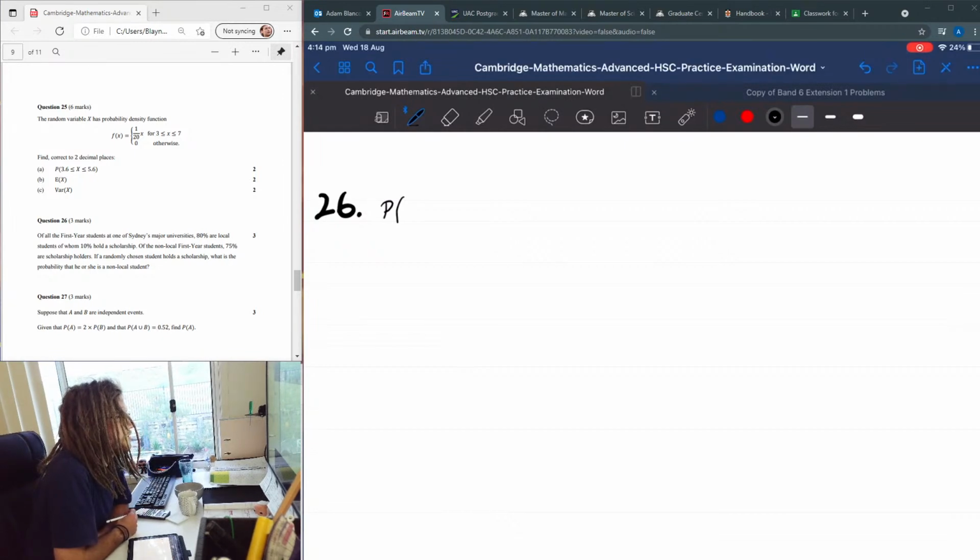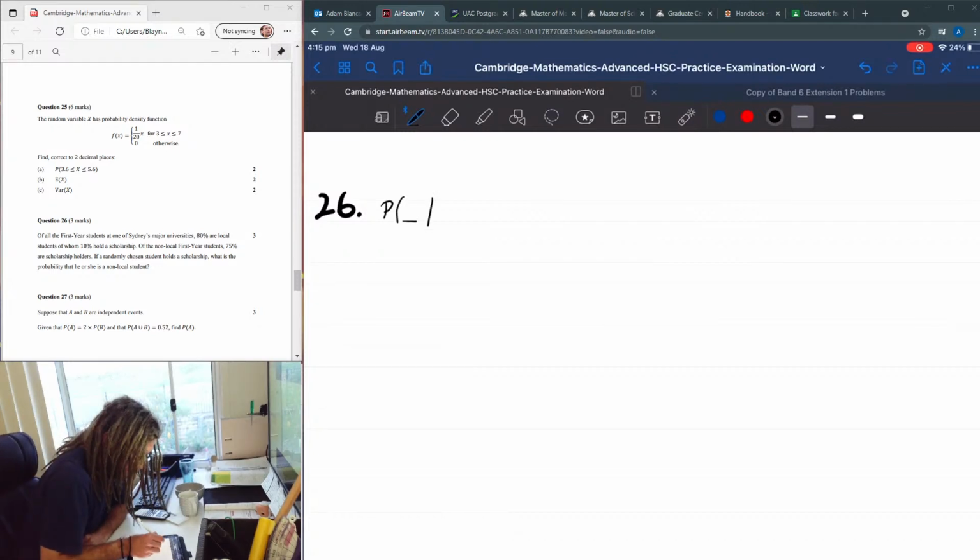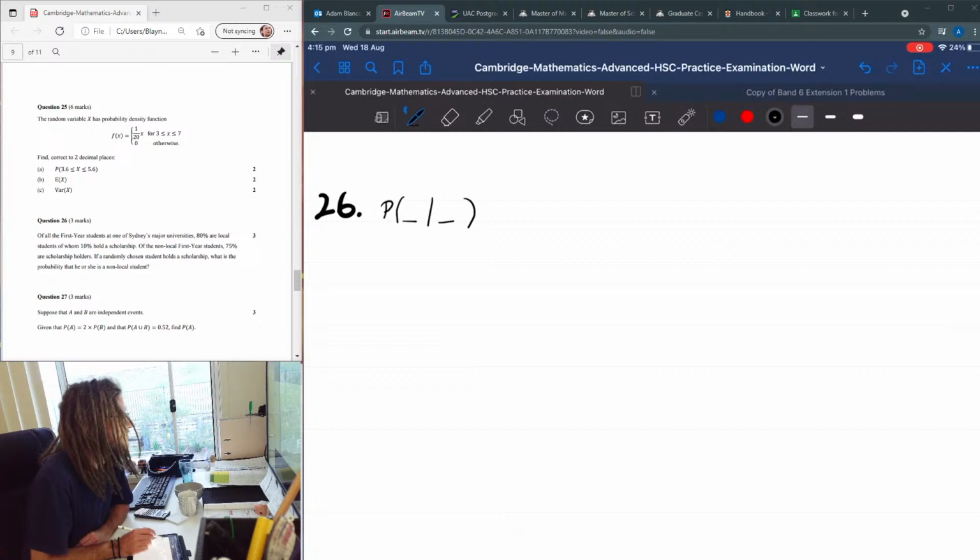B, call that probability. Okay, so the probability of something given something. The thing that's given, so this one's given. Let me just write that. The one that's given is that they hold a scholarship. So they hold a scholarship. What's the probability that they're non-local?